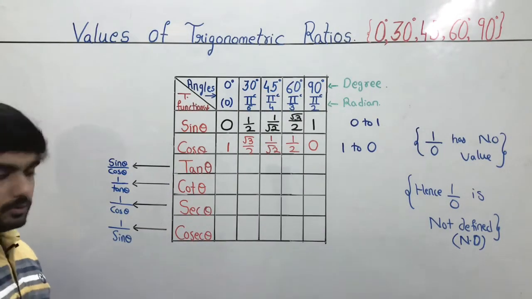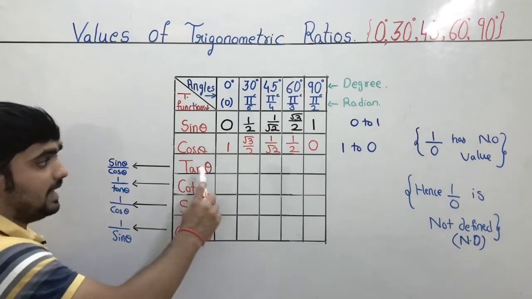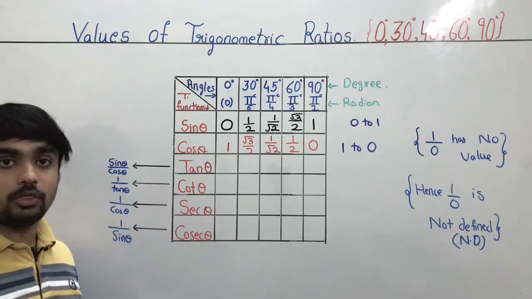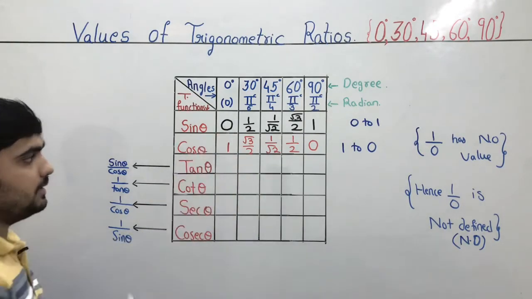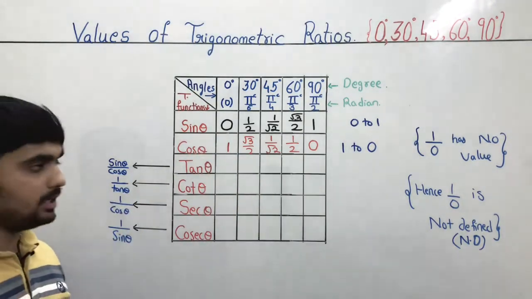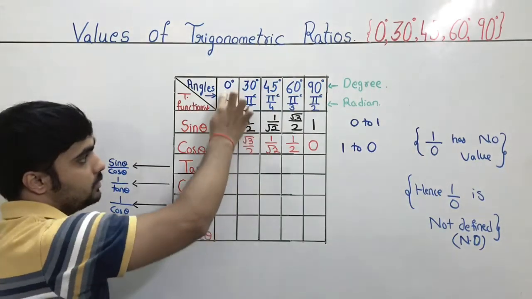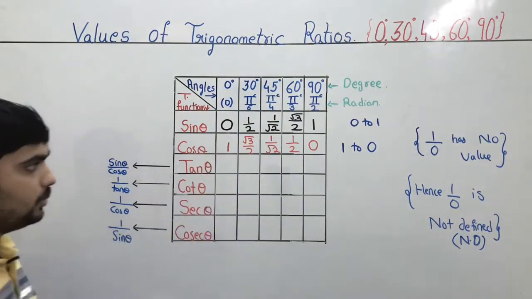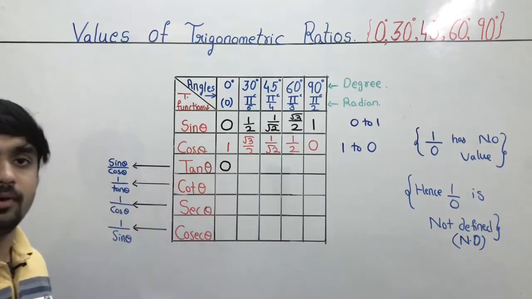So the next function is tan theta. As we all know, tan theta is sin theta upon cos theta, so if we divide sin by cos, we directly get the value of tan theta. First, tan 0 is 0 upon 1, which is always 0.